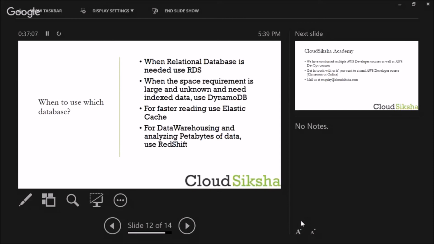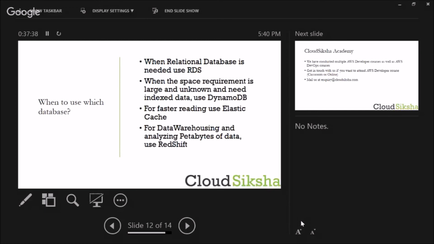If your program has been written for an RDBMS, then I don't think you have any choice. You need to use the relational database service, that's RDS. If your program is already on RDBMS, and there are multiple programs which use RDBMS, you can use that.